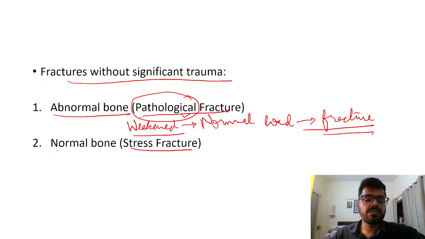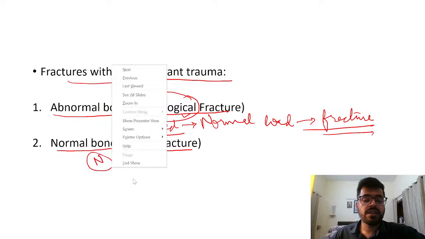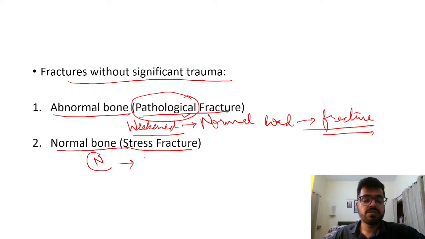Whereas in stress fracture the bone is normal and the load is abnormal. For example, repetitive loading. That is abnormal loading.